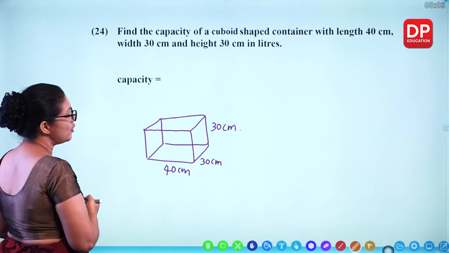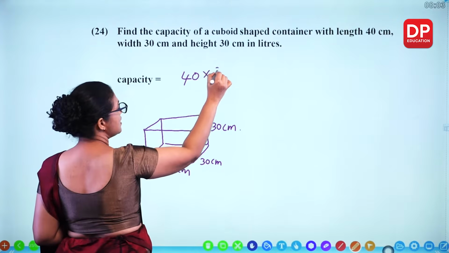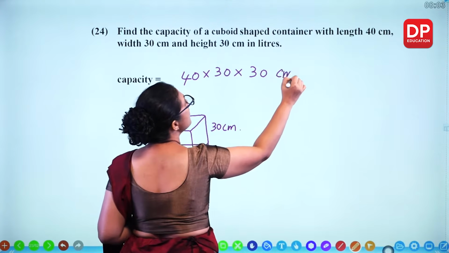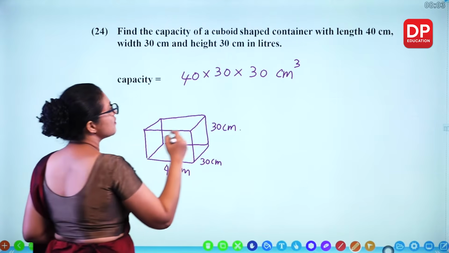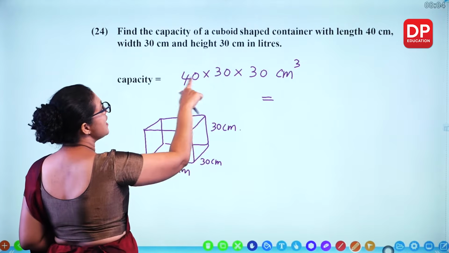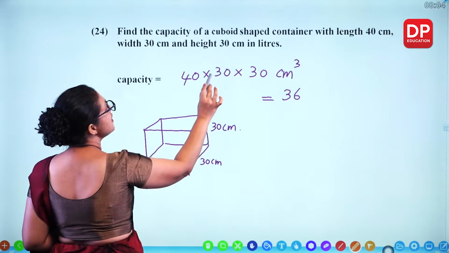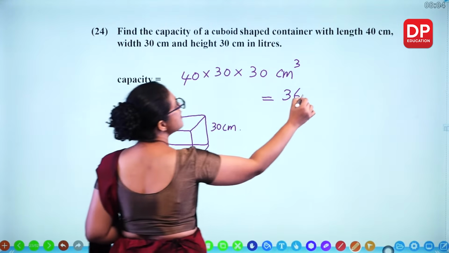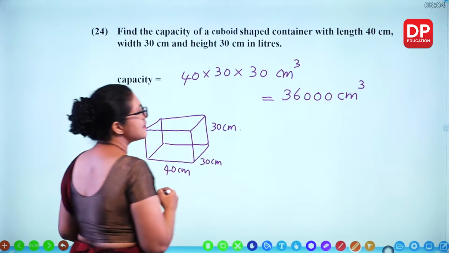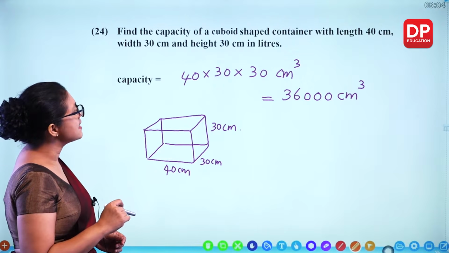So what's the volume? 40 into 30 into 30, that's in cubic centimeters. So what's the value? 3 times 3 is 9. 9 times 4 is 36, and 3 zeros. 1, 2, 3, that's cubic centimeters.